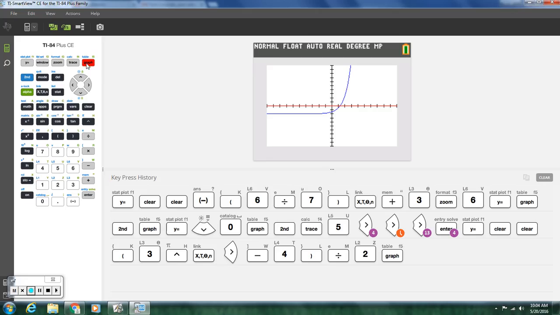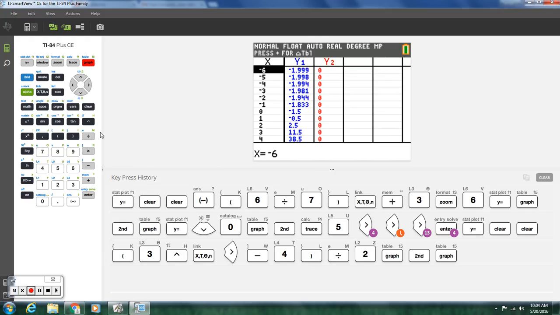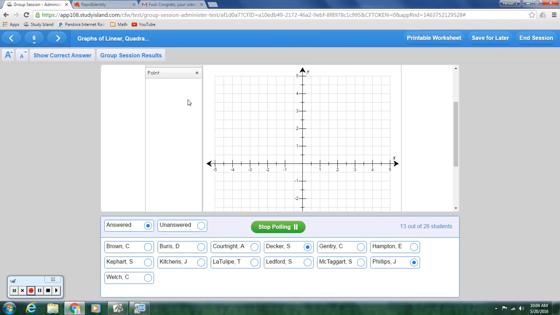Where x is 0, go to my table, look where x is 0, what my answer was, and decide what number it is. Then click on that point, and put a point wherever you think it crosses the y-axis.